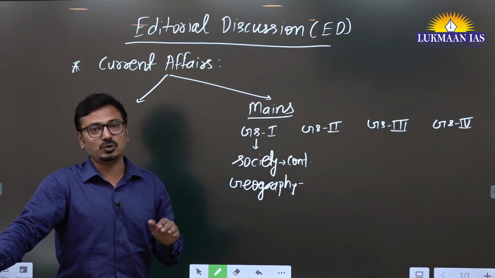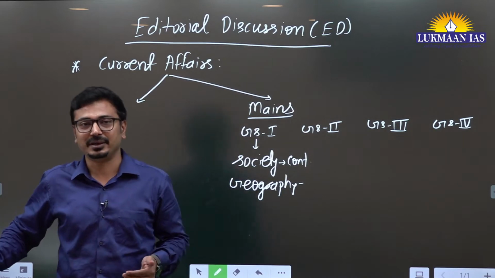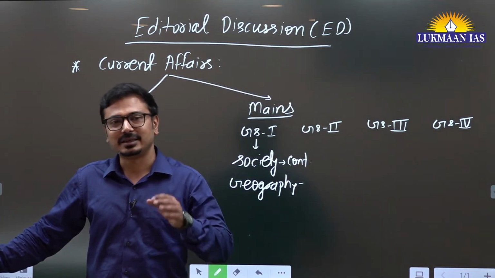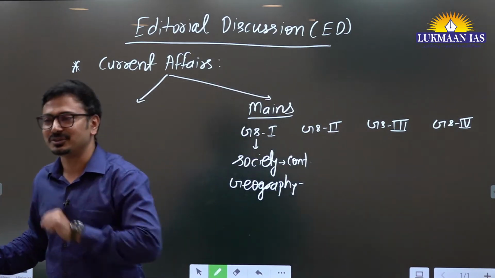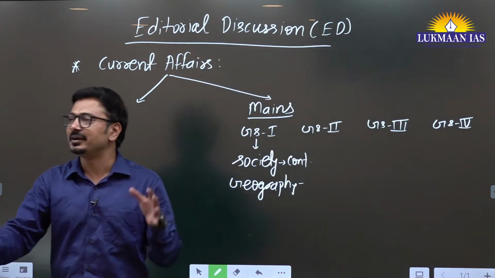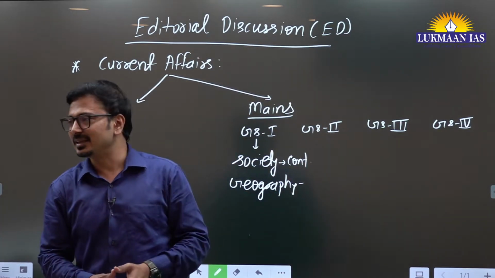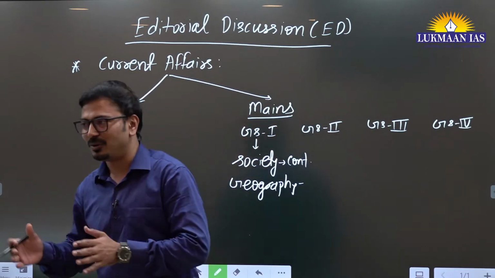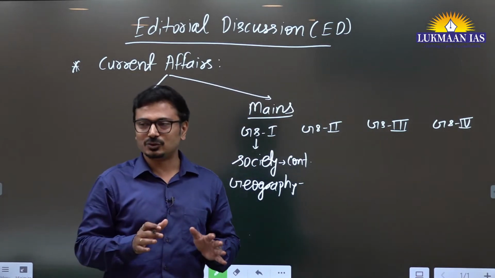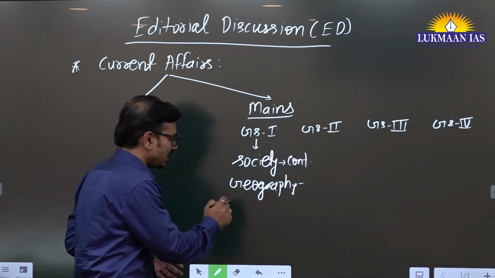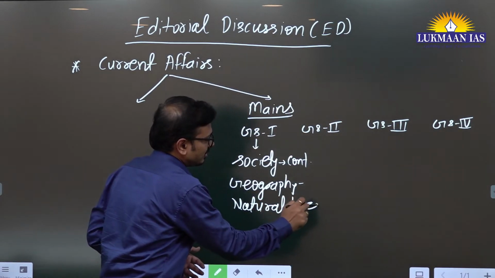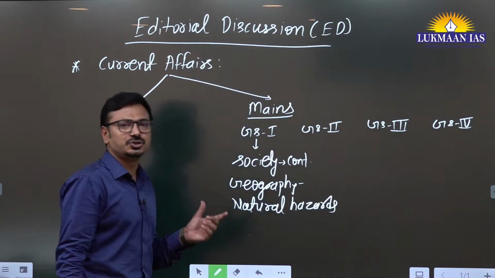But the most important part from the current development perspective is natural hazards and changes in critical geographical features. Natural hazards is largely current development, and under changes in critical geographical features, they will ask about climate change or global warming and its impact. So that is a contemporary topic. Within geography, largely the current affairs part is natural hazards, basically geophysical phenomena.